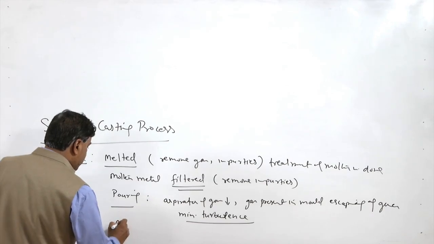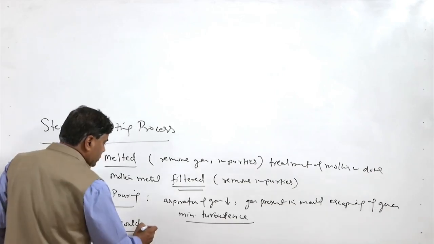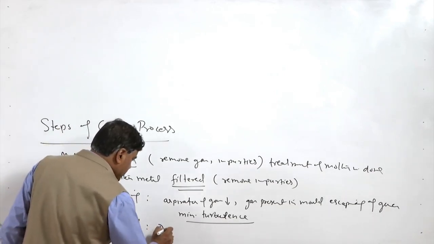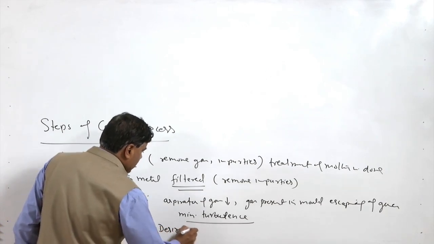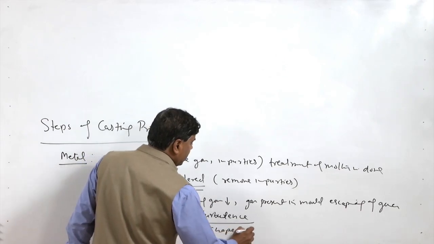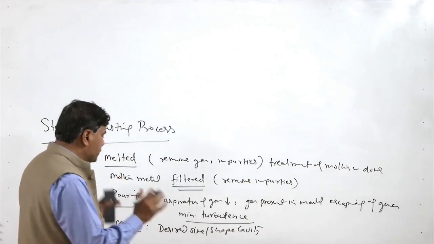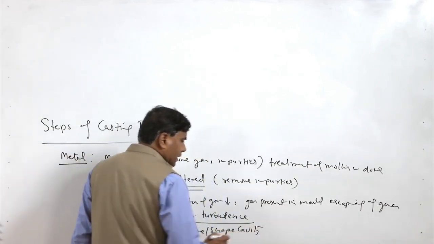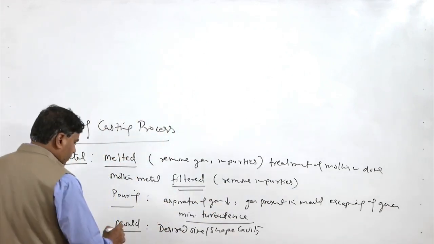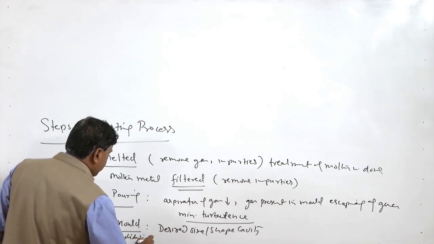Then pouring into the mold. So, what is a mold? The mold is a cavity of the desired size and shape, in which the molten metal is poured, so that the molten metal takes the shape of the mold, and after this the solidification proceeds.